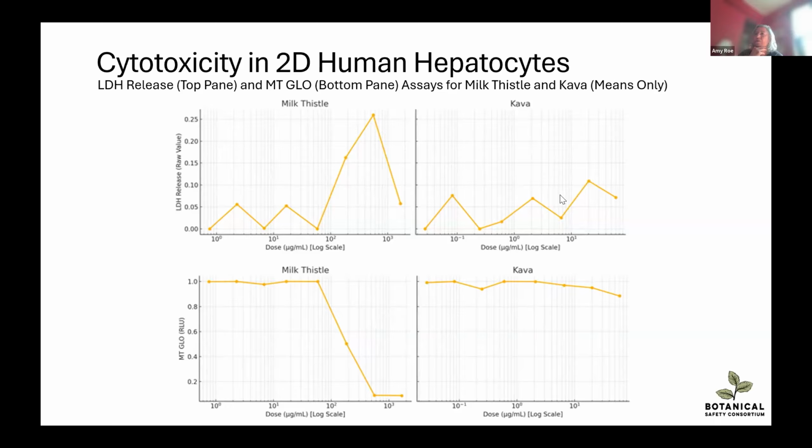You kill cells, and so that's not too uncommon. And you see this consistent between the LDH release in the top pane and the MT glow in the bottom pane. A little less cytotoxicity for kava across the dose ranges that we tested.